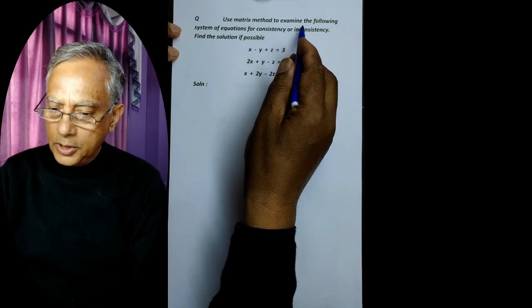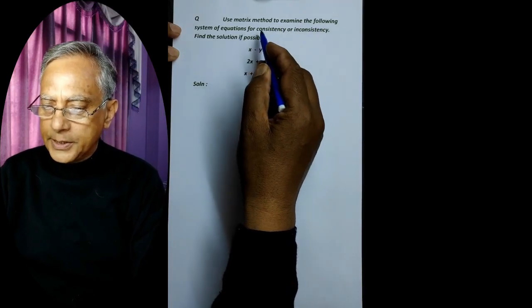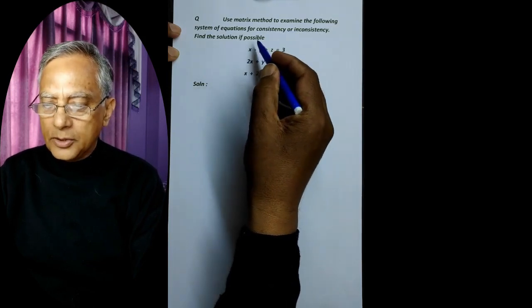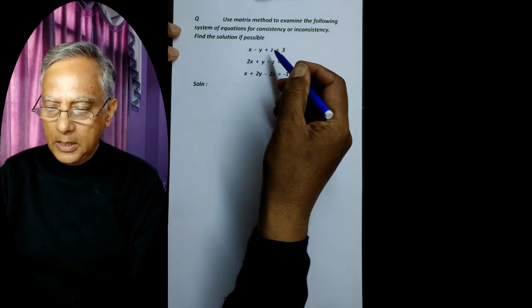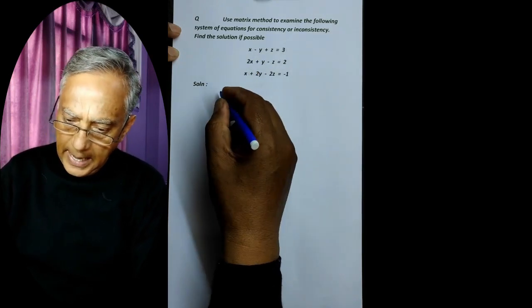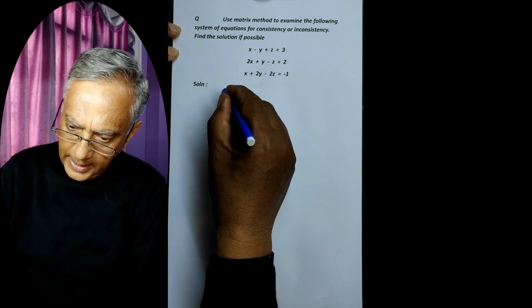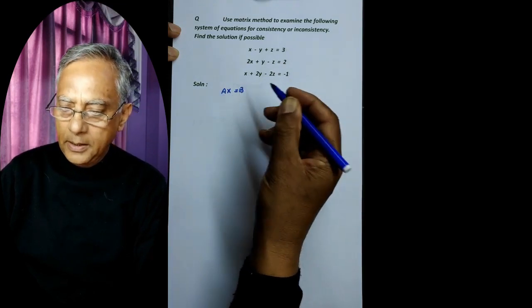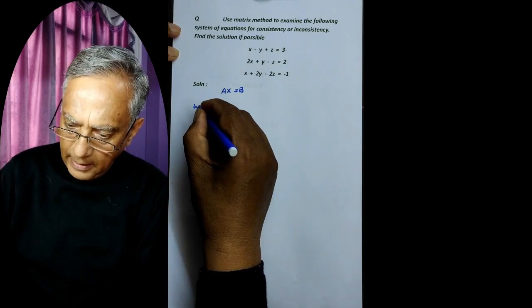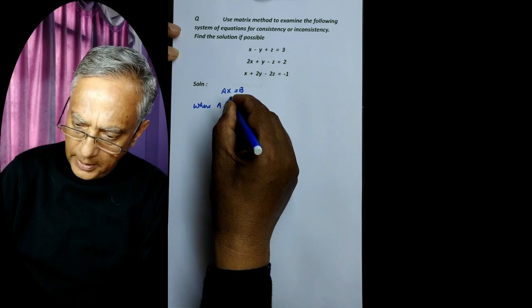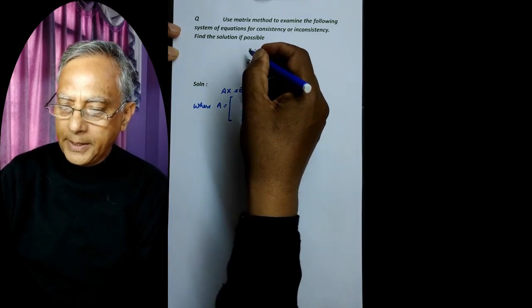Use matrix method to examine the following systems of equations for consistency or inconsistency. Find the solution if possible. Now this system of equations can be written as AX equal to B, where A is the coefficient matrix.